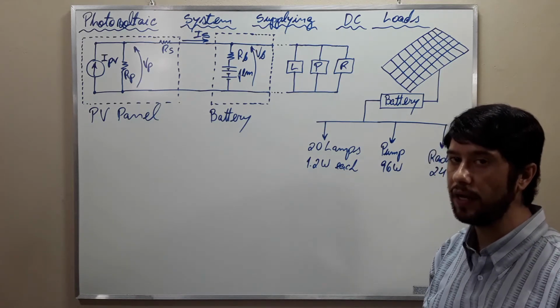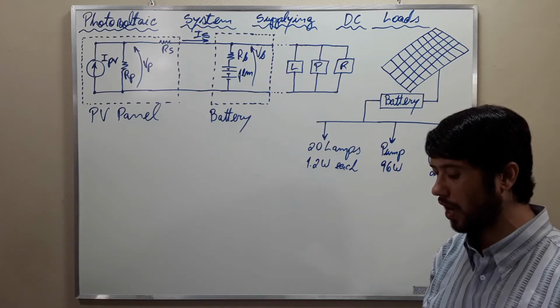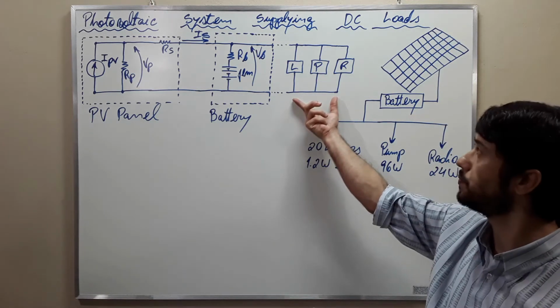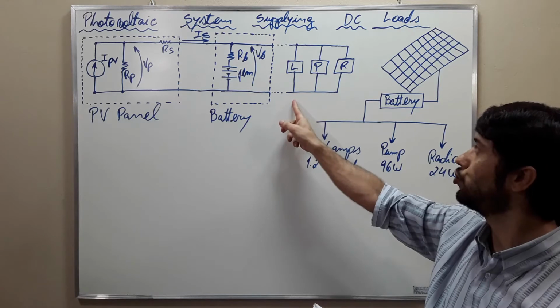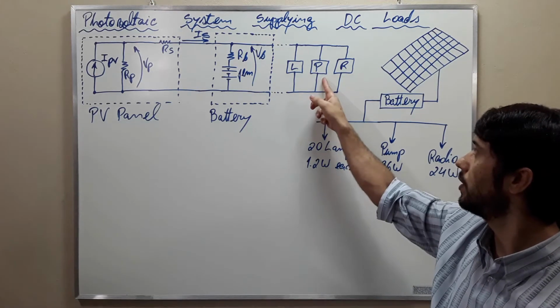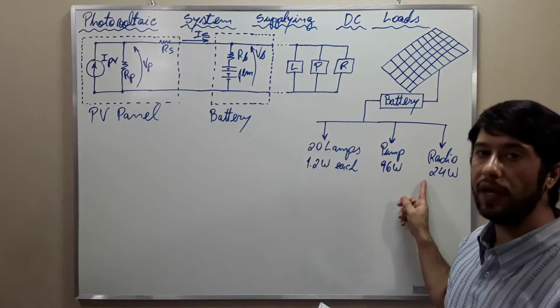Questions. Letter A. Calculate the equivalent resistance of the three loads supplied by the system. These are the three loads: 20 lamps, a pump, a radio.